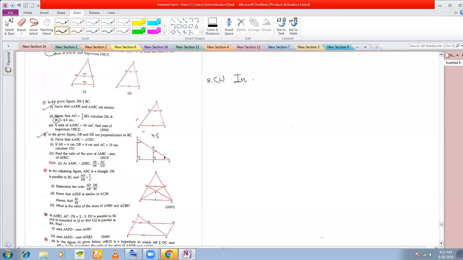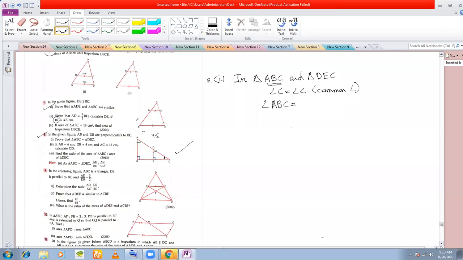In triangle ABC, we are talking about this figure, ABC and triangle DEC. Angle C is equal to angle C because it's a common angle, and since I've written ABC first, I'll write the angle ABC first.